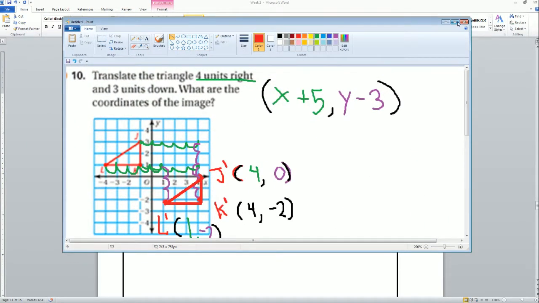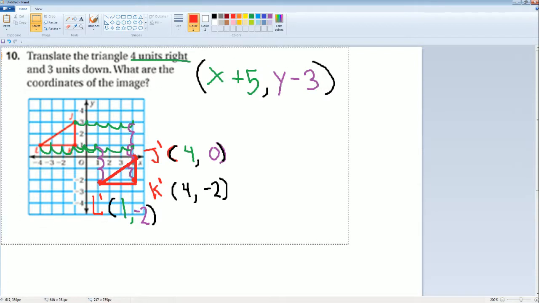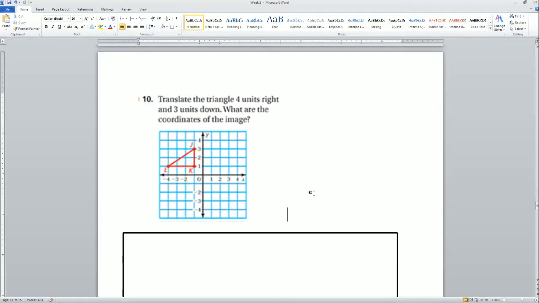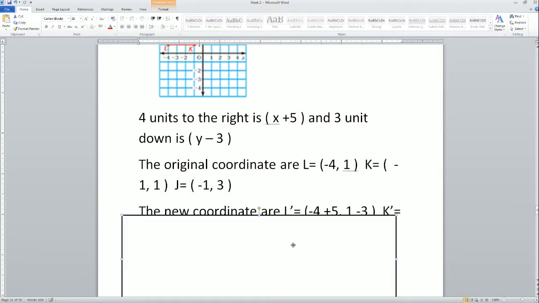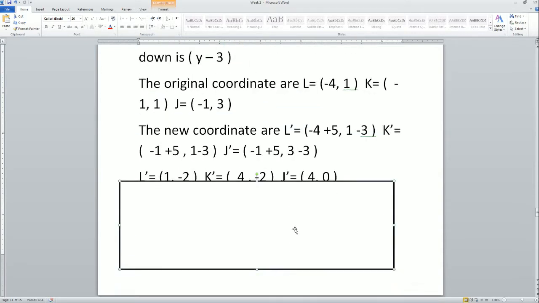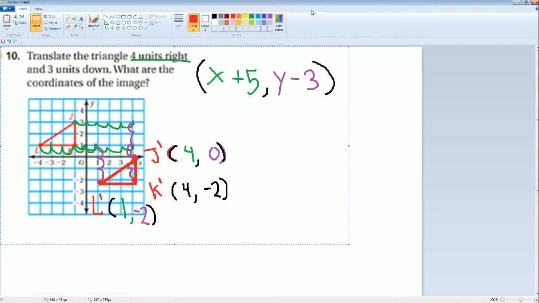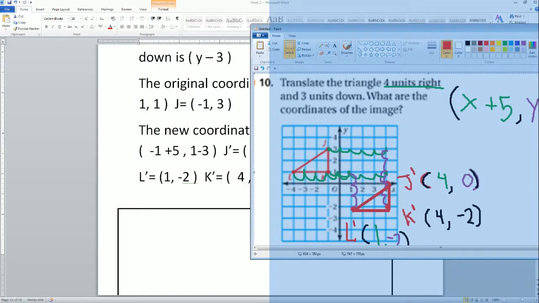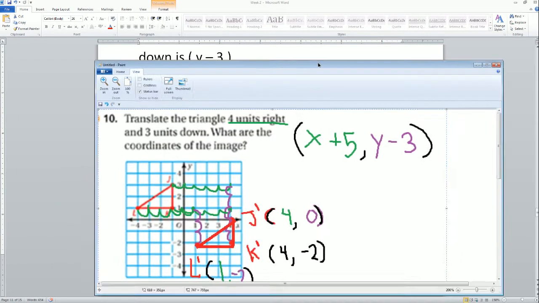Let me grab this for you here, and I could paste it as the solution here. Yep. That should match. Let's double check that. J prime, let's match that really quick.